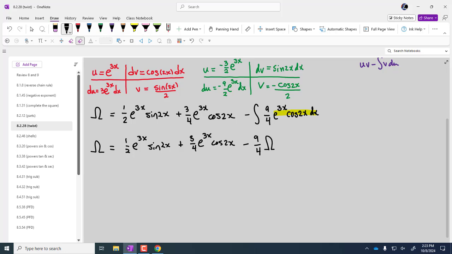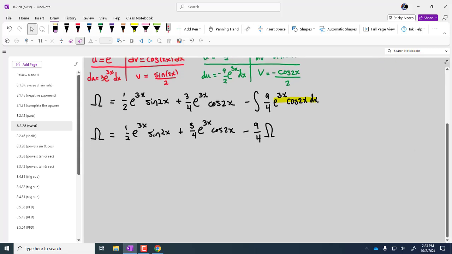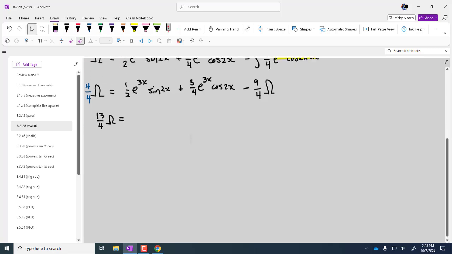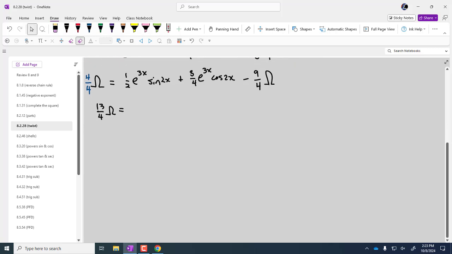So we've created an algebraic equation that we can now solve for omega. On the left side, we think of this as 4 omega over 4, common denominator of 4. Add the two omegas together, that gives us 13/4 omega equals the right-hand side. We'll still have just these first two terms.